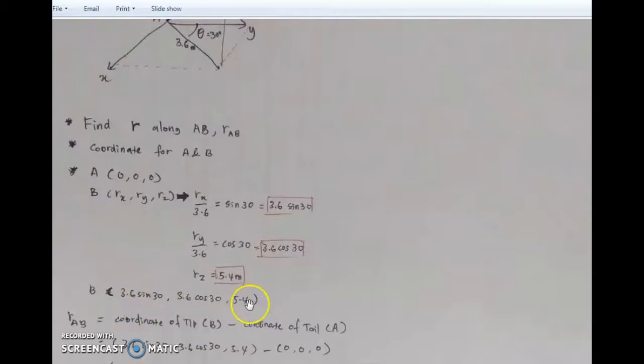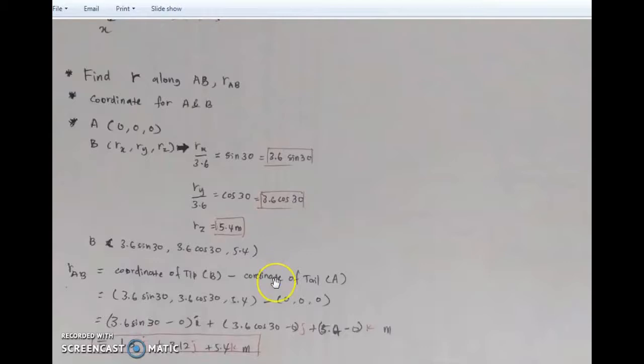Okay, this is all in meters. After you have these two coordinates, to find the RAB, recall that to find the length of the radius, you need to subtract the coordinate of the tail from the tip. The coordinate of the tip is B.